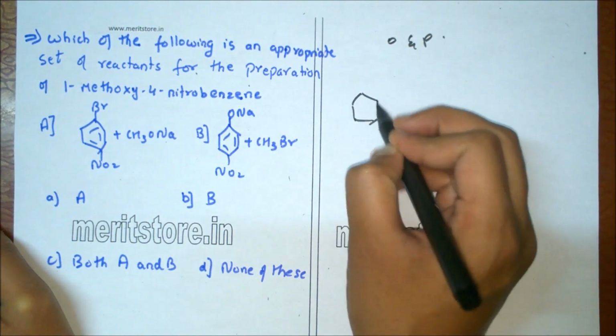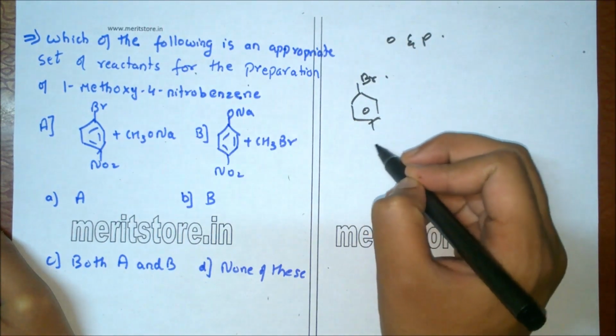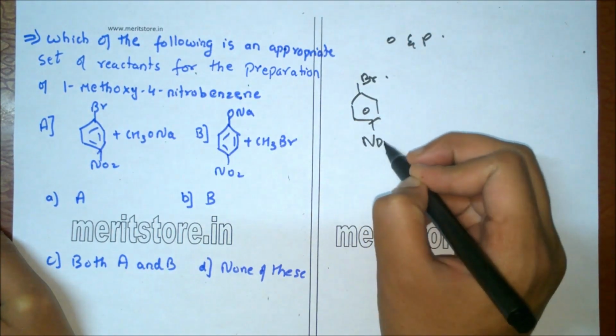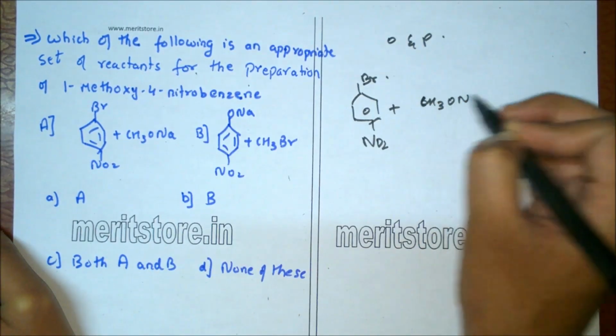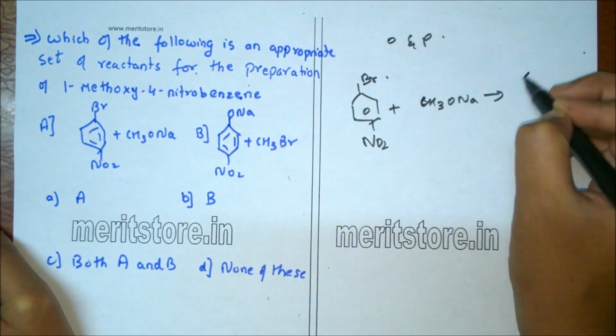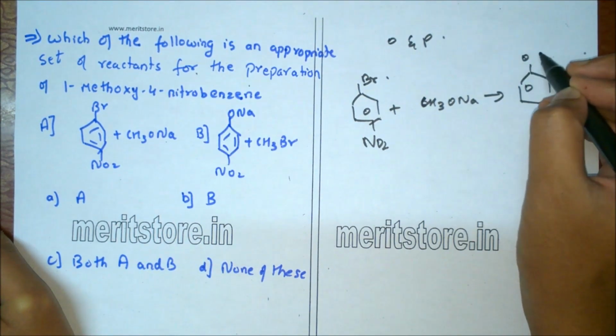Example, when bromonitrobenzene reacts with CH3ONa, it will give a methoxynitrobenzene.